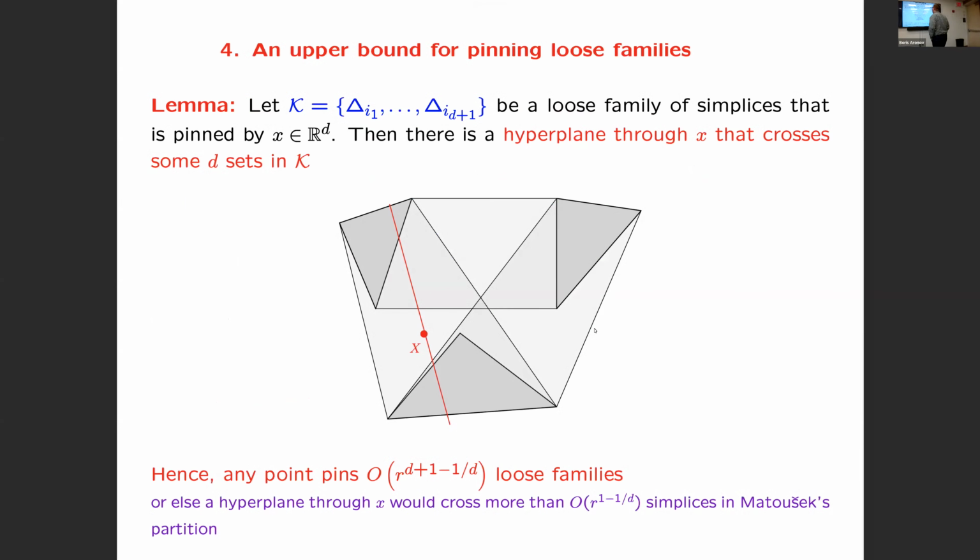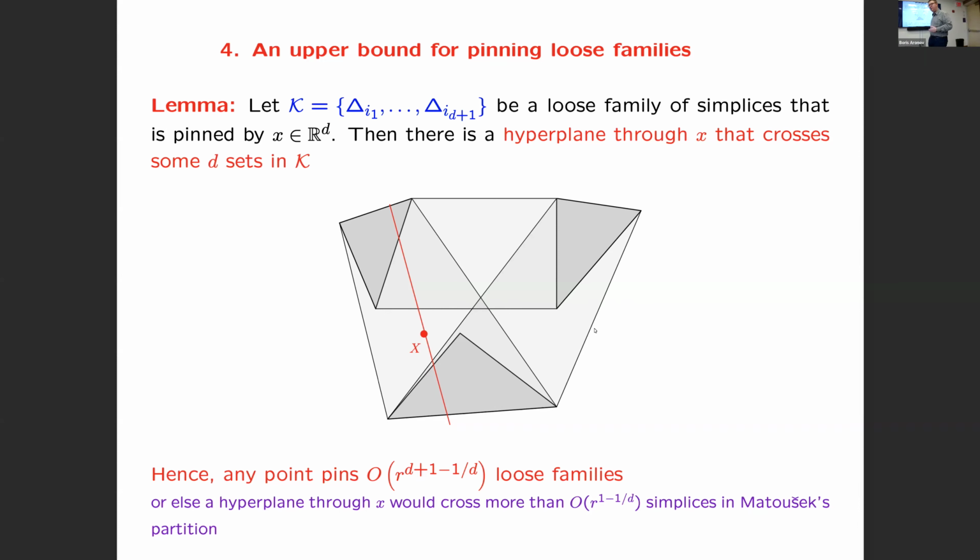So let's see in a few words where the upper bound on the pinning number of the hypergraph of the loose families comes from. It boils down to the fact that whenever we have a family of, say, d plus 1 simplices pinned, there is a hyperplane through the pinning point that crosses at least d members of the family out of d plus 1.